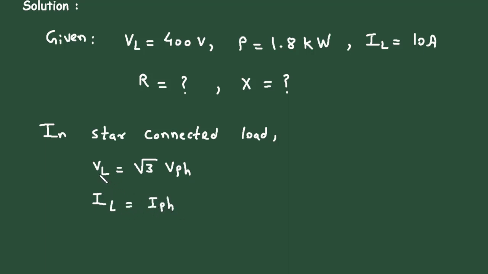That is, line voltage is equal to √3 times phase voltage and line current is equal to phase current. So this is the relation of line voltage and phase voltage and line current and phase current in case of star connected load.